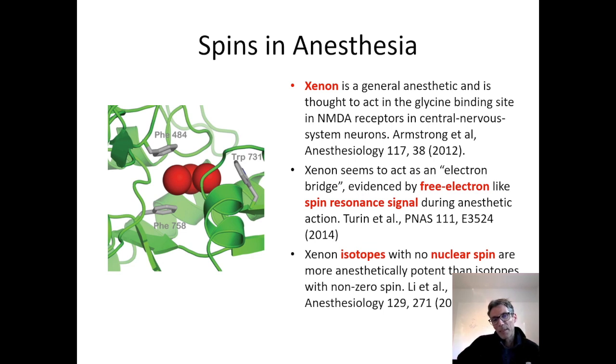And then the other experiment that really got me interested in this area was an experiment on mice where they showed that xenon isotopes with no nuclear spin are more anesthetically potent than isotopes with non-zero nuclear spin. That really is kind of a smoking gun for something. Isotope effects can be a really good indication that something interesting is going on with spins in this case.